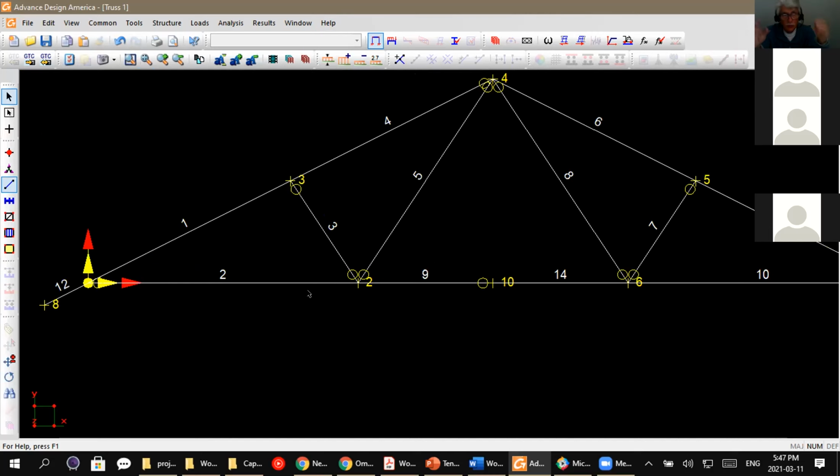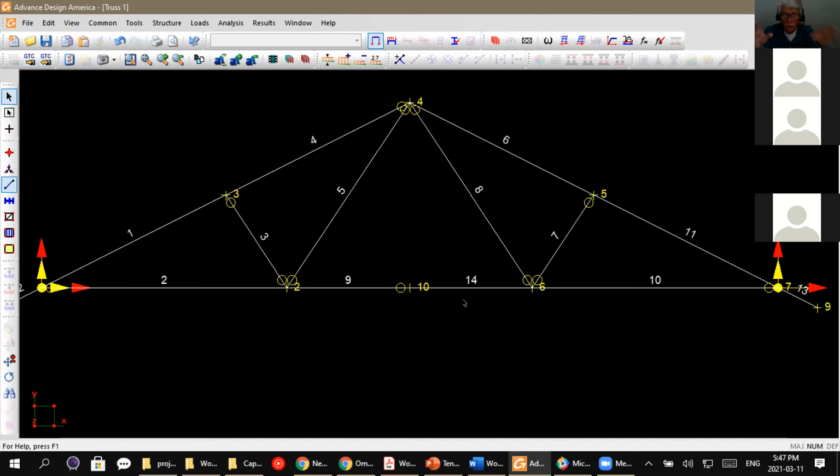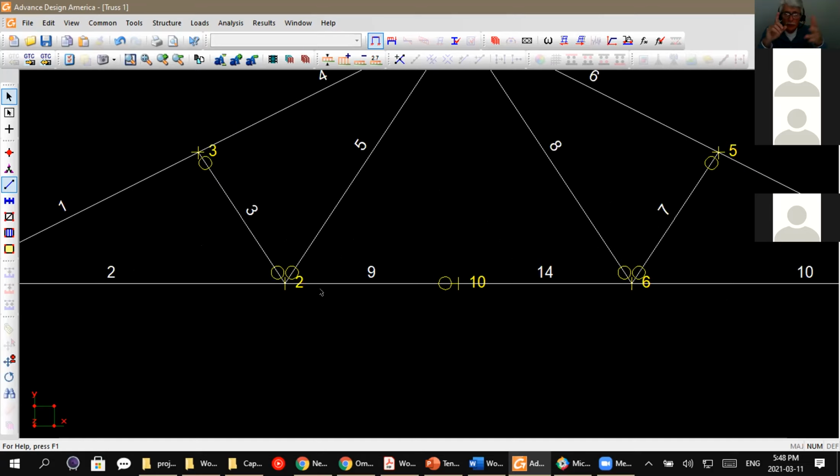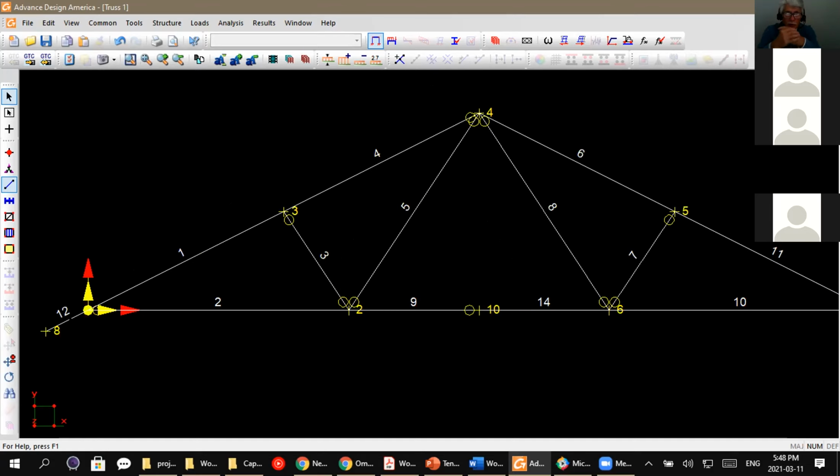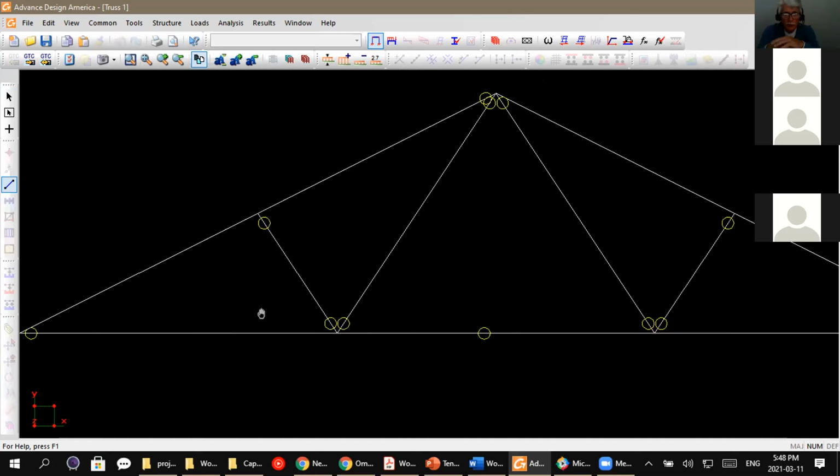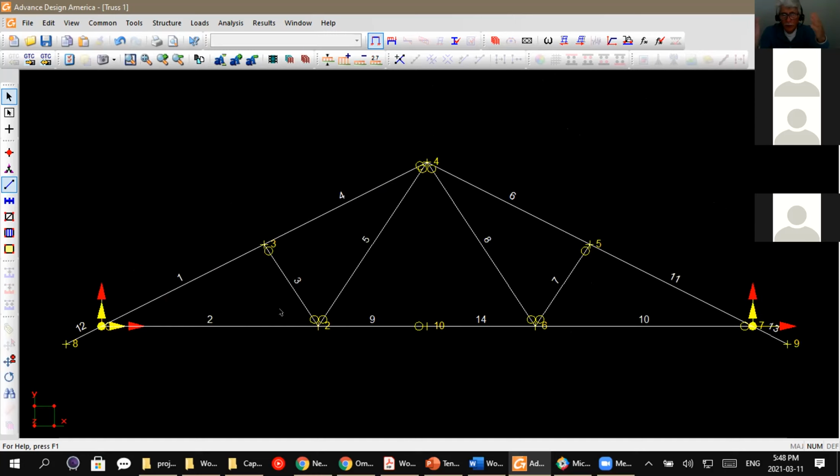That's what you should have learned from this incident. If you keep the visual graphics on for your node numbers and member numbers, you would have seen right away. The program, Omar, it's a spreadsheet. Do you follow?